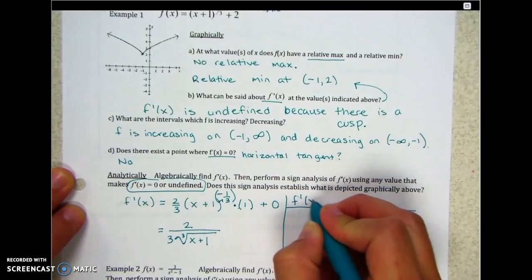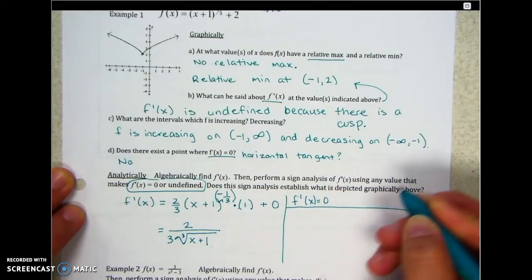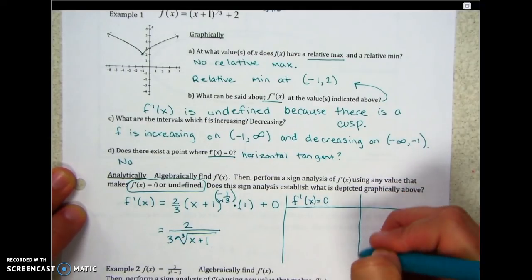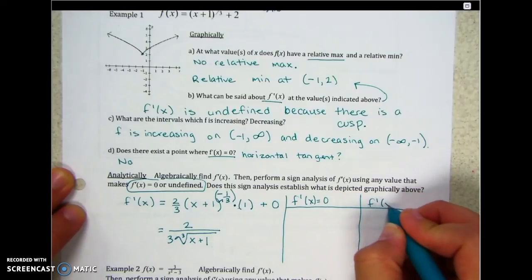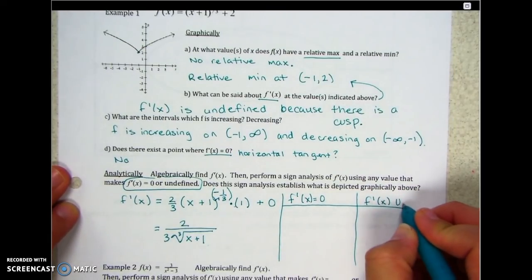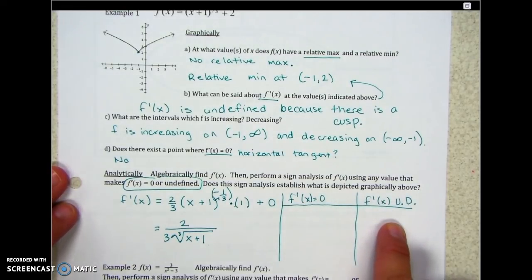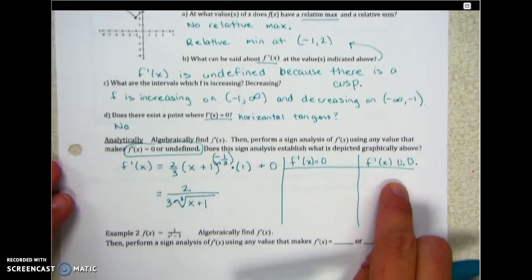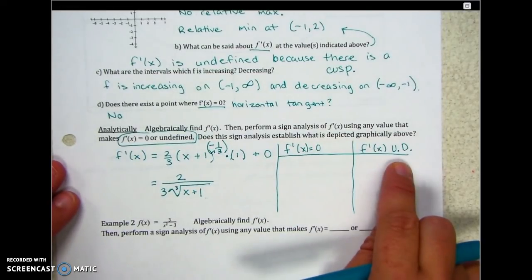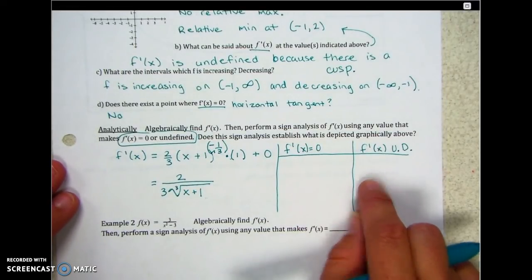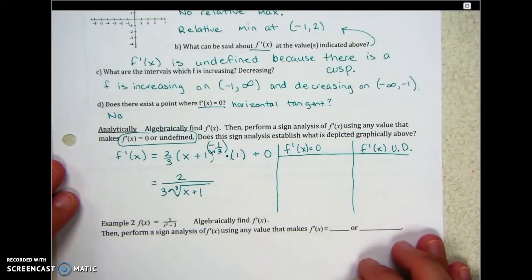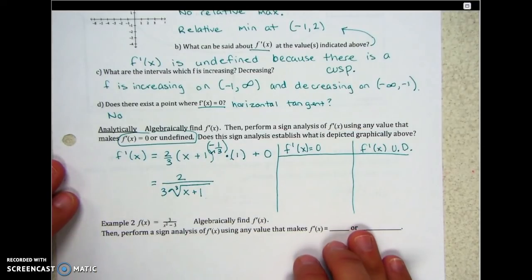Okay, ladies and gentlemen, we're going to algebraically find where this derivative is equal to 0, and then we're going to figure out where the derivative is undefined. I'm seeing a lot of students not write titles when I write a title on my work, okay? If you skip the title or your labels, then your work is a complete mess and you don't understand it and I don't understand it.